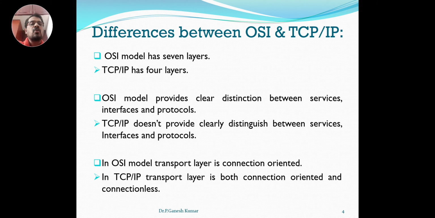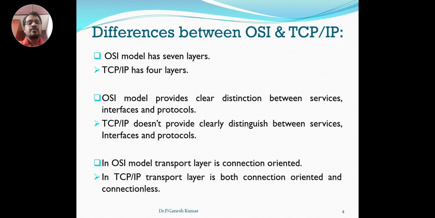Next, in the OSI model, the transport layer is connection oriented. Connection oriented means the receiver gives an acknowledgement to the sender so that reliable communication can be established. Whereas in the TCP/IP reference model, the transport layer supports both connection oriented and connectionless communication, because it has both the TCP and UDP protocols.